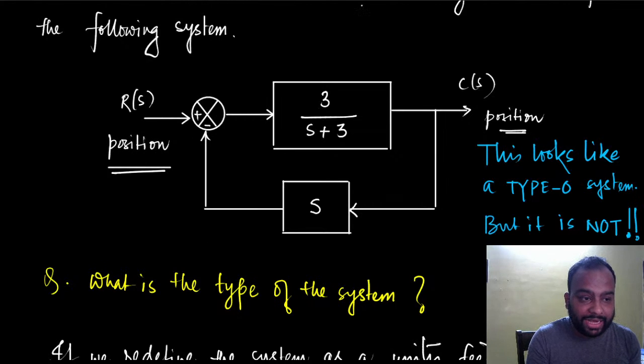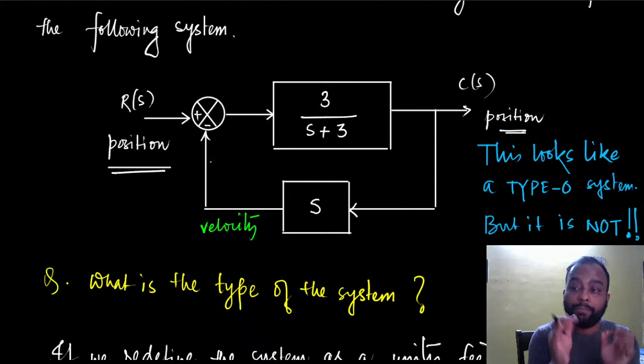So what we are essentially feeding back here is velocity. We are differentiating the position output and feeding that back in. By doing that we are making sure that the system is capable of following the position properly. We are making sure that there is 0 position error by feeding back velocity.